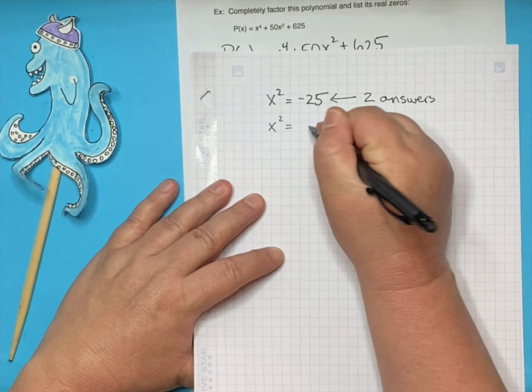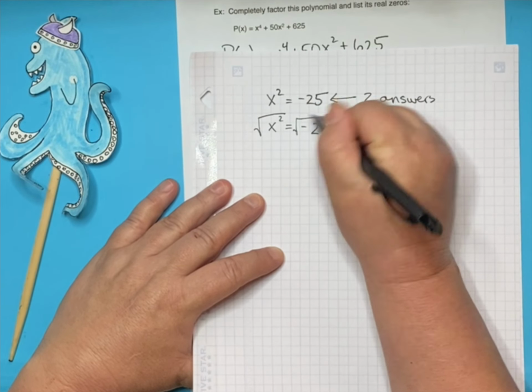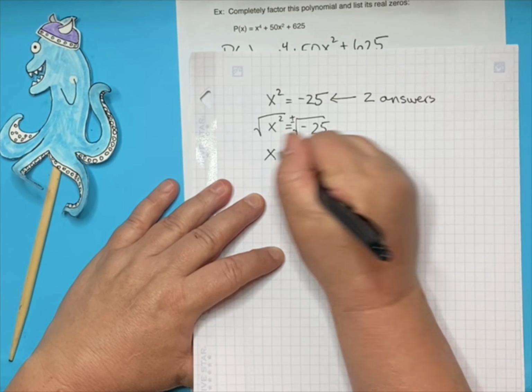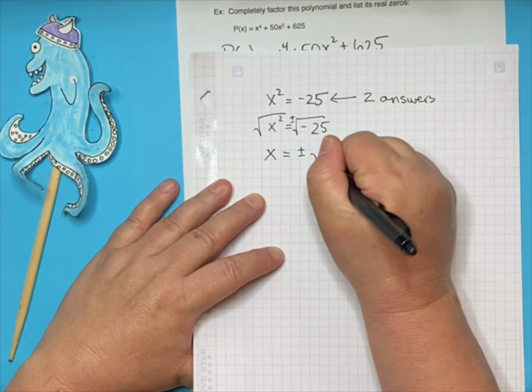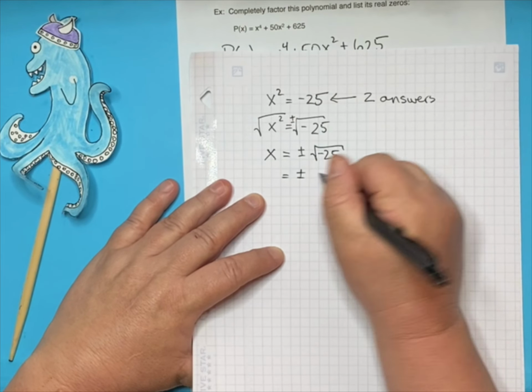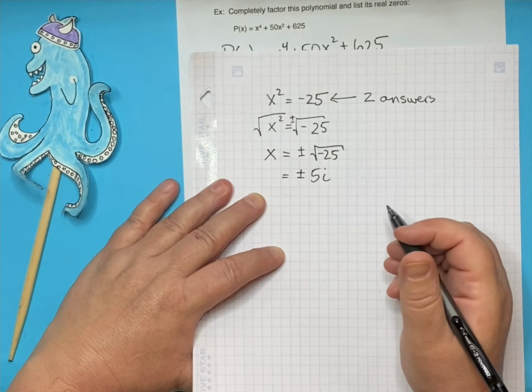So if x squared equals negative 25, let me square root both sides. I need a plus or minus over there on the right. And then I get x equals plus or minus radical negative 25, which is equal to plus or minus 5i. Okay, interesting.